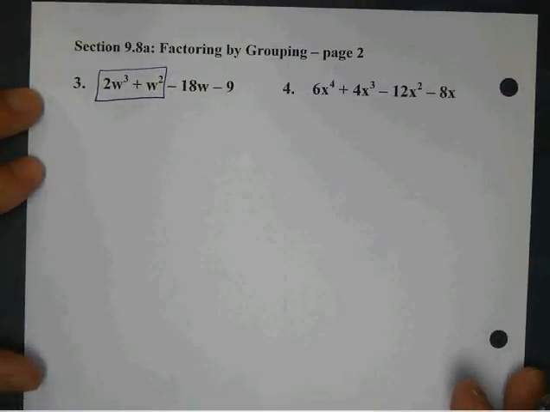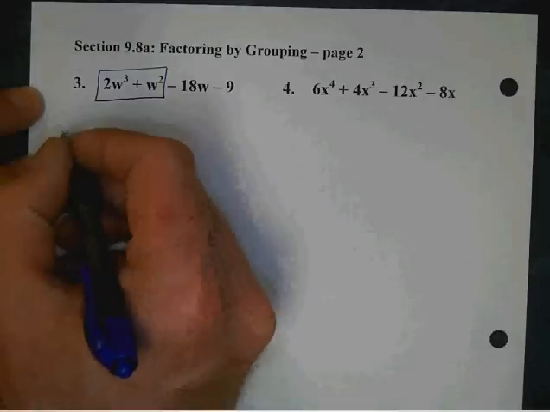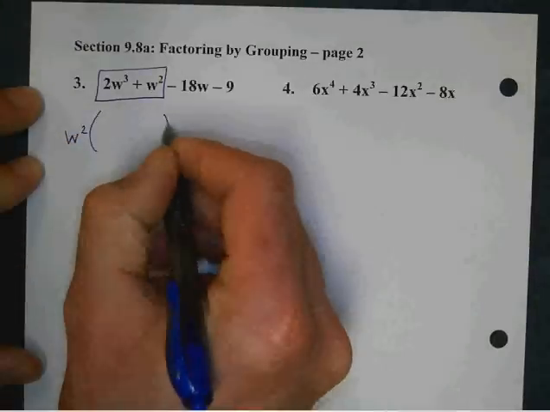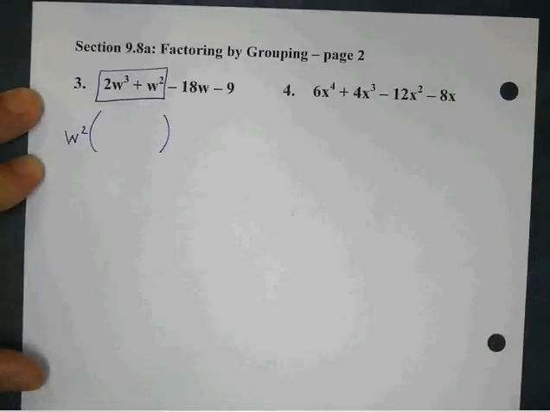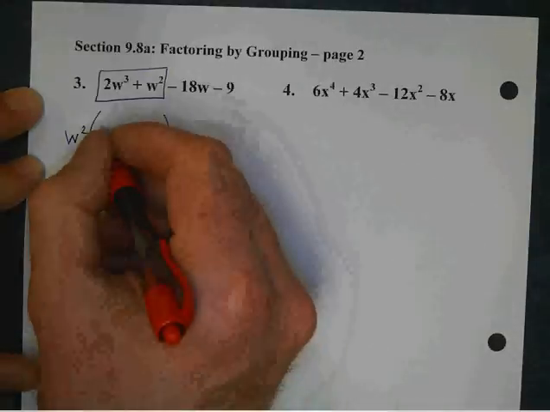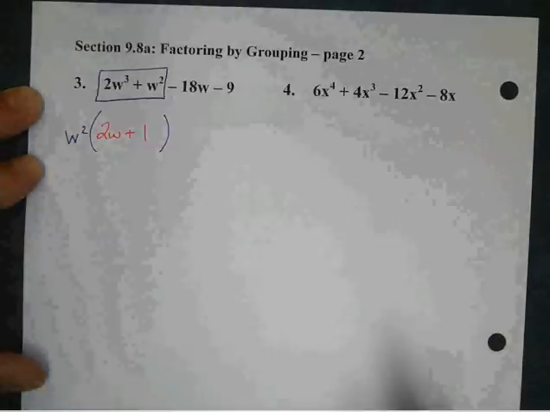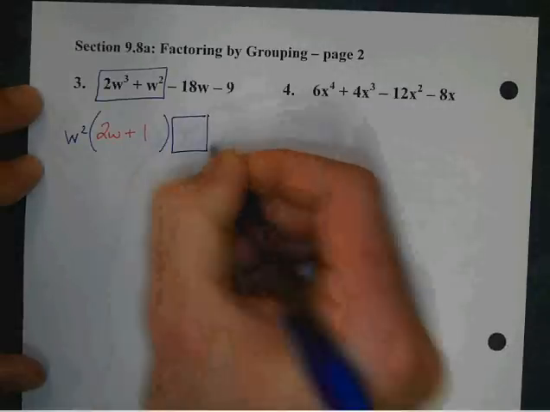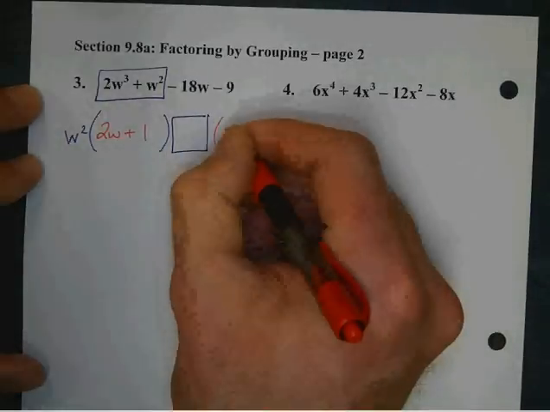GCF, talk to me. W cubed. Squared. Can you tell me what's left, Haley? 2w plus 1. Very good. I throw my box down. I put my 2w plus 1 at the back.